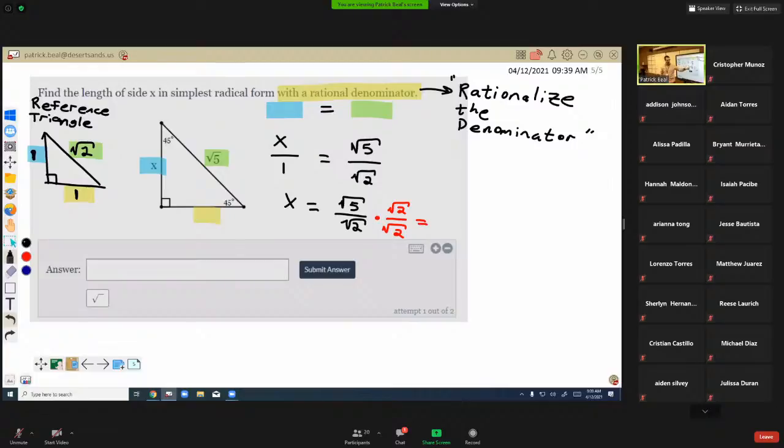Because remember, when you multiply square roots, all you need to do is multiply the numbers inside. So what is the square root of 5 times the square root of 2? Square root of 10. And what's the square root of 2 times the square root of 2?